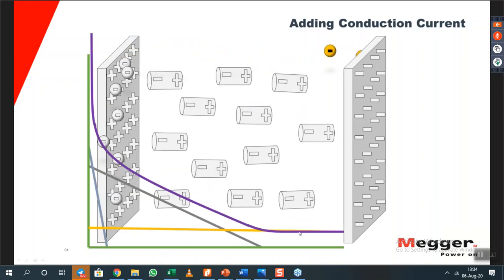See here, at this period of time, I got a leveled current, meaning I will only have a pure leakage current. This current from the capacitive charging and this current from the absorption current is no longer available in my reading. I am only reading after 10 minutes my leakage current.